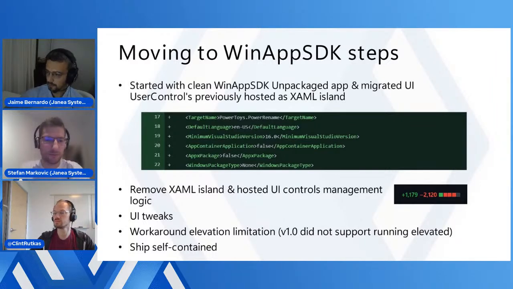Also, we had to do some minor UI tweaks, like moving the UI elements a few pixels here, a few pixels there. Or, for example, we used some UI controls like InfoBadge, which is not yet migrated to WinUI 3. And as James already mentioned, we had to work around the elevation limitation, which was a known issue on the WinApp SDK version 1.0.